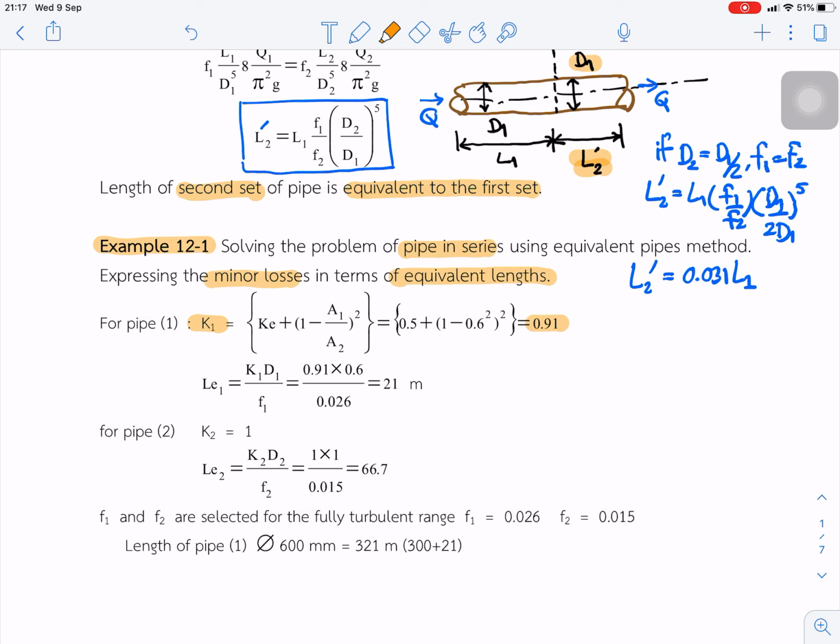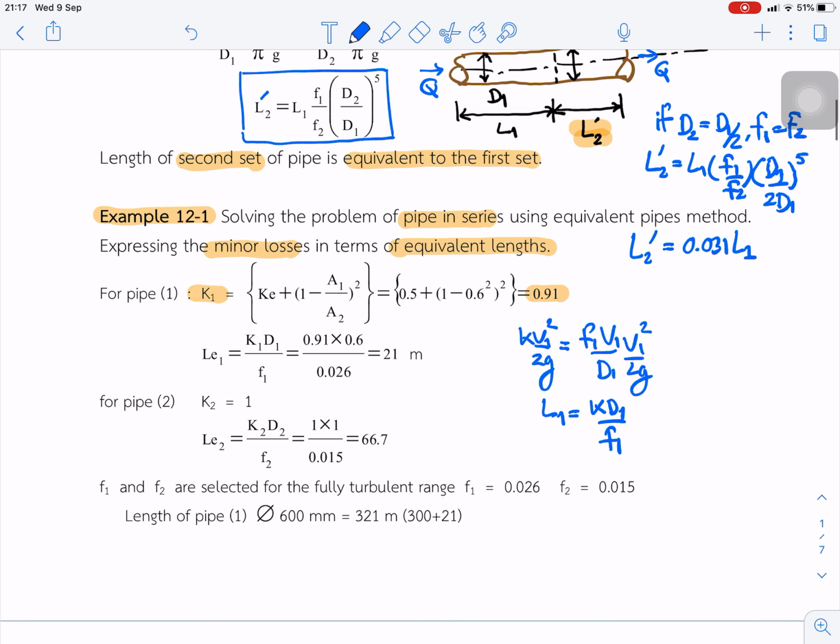So we can use the equation where the minor loss is made equal to the major loss, so we can write L1 is equal to K D1 divided by f1. That comes from LE1.